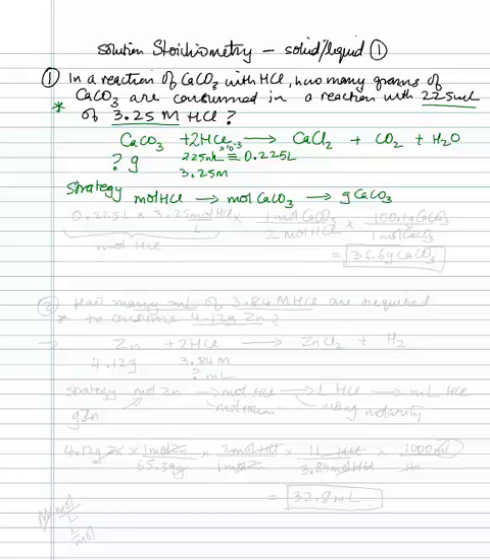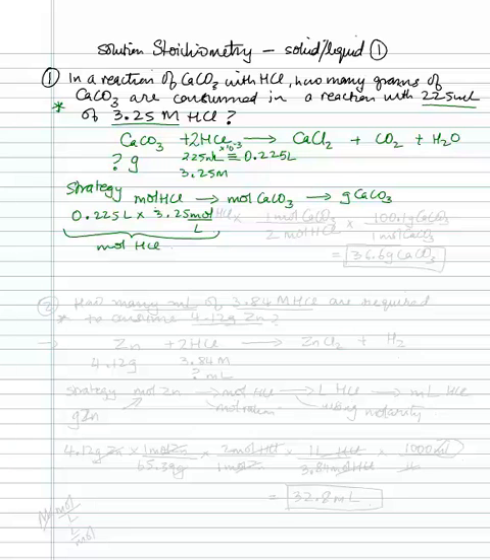So let's start with the moles of HCl, but because we have a solution of HCl, we need to find the moles from the solution, which is 0.225 liters times 3.25 moles per liter. Okay, and that gives us moles of HCl.